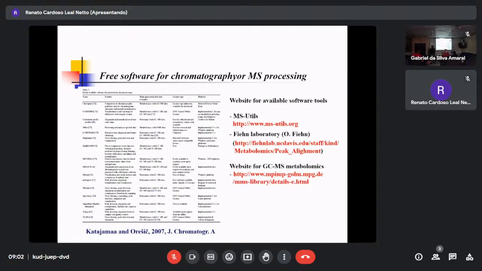The best part in NMR is you don't have to do alignment. The alignment I showed you yesterday needs an algorithm. This kind of software you can find. And nowadays, more or less, everything is like a total package. For LC-MS, they can offer all the processes, not only normalization, not only alignment.